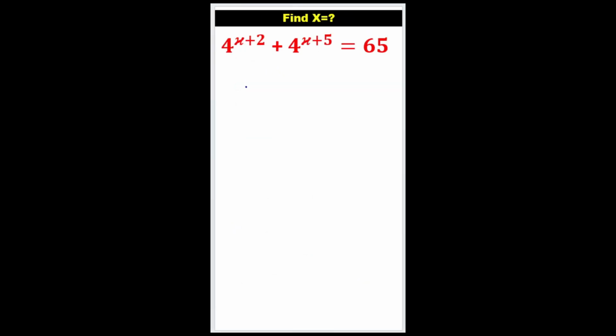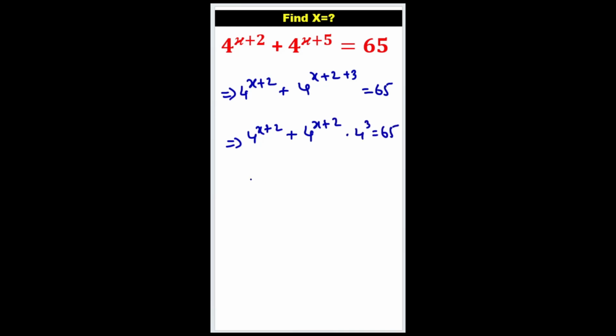Find x. Here is 4 to the power x plus 2 plus 4 to the power x plus 5 equals 65. So first we can write 4 to the power x plus 2 plus 4 to the power x plus 2 plus 3 equals 65. And here is 4 to the power x plus 2 plus 4 to the power x plus 2 into 4 to the power 3 we can write, equals 65.